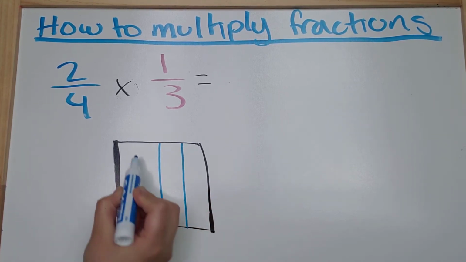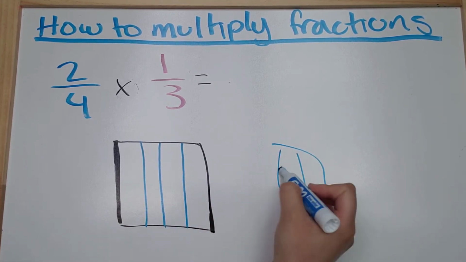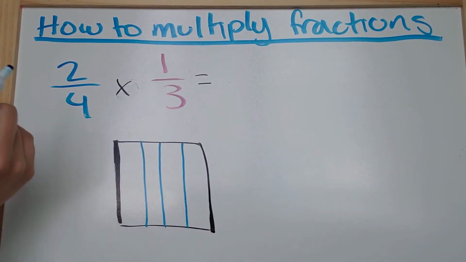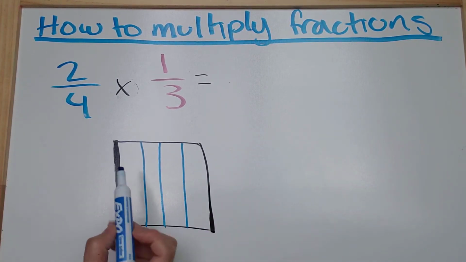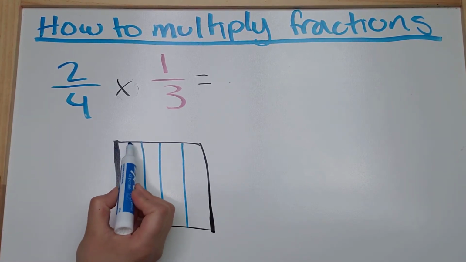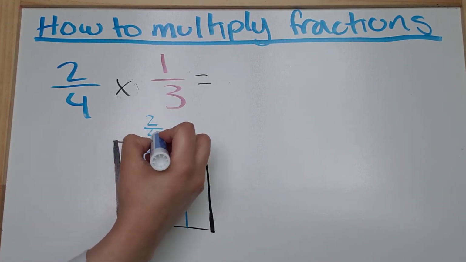This time we're not going to do the crisscross, because that is going to get confusing. We're going to use this in one direction. So we have 2/4, and I go ahead and shade 2/4 of that.